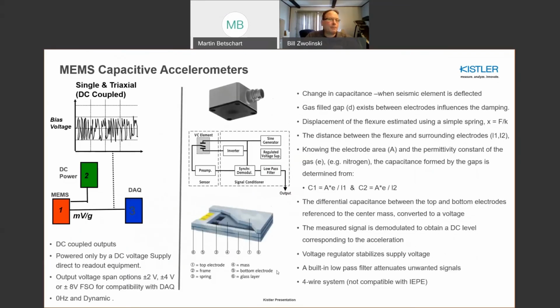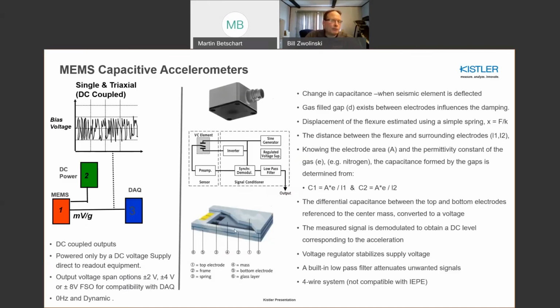There's also MEMS capacitive accelerometers. MEMS stands for micro electromechanical system. This sensor technology is actually a DC coupled technology instead of an AC coupled one, meaning that you can measure static acceleration, you can measure local gravity. That's basically given by a spring mass system suspended by a cantilever beam, encompassed by two top and bottom electrodes.